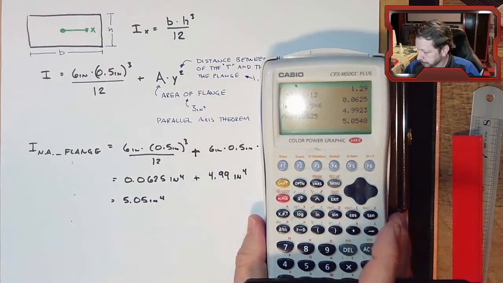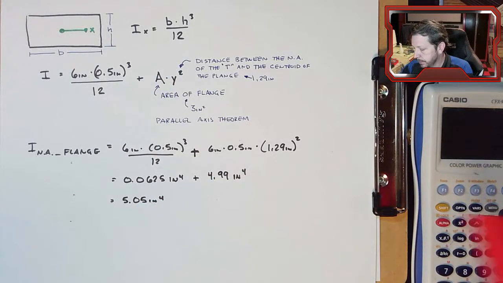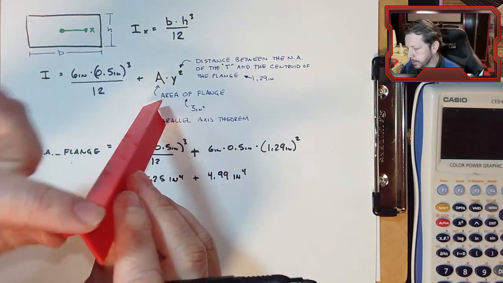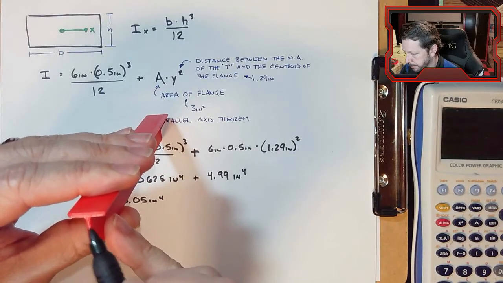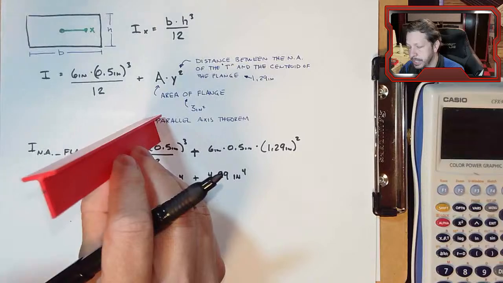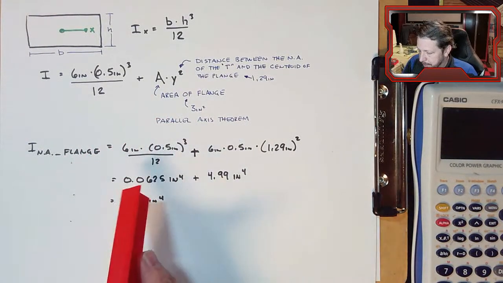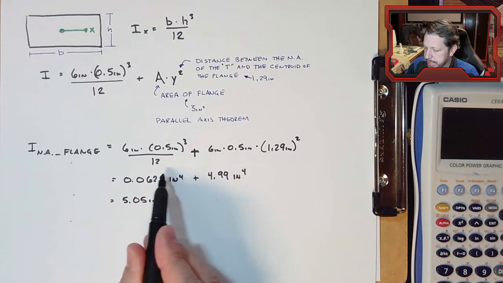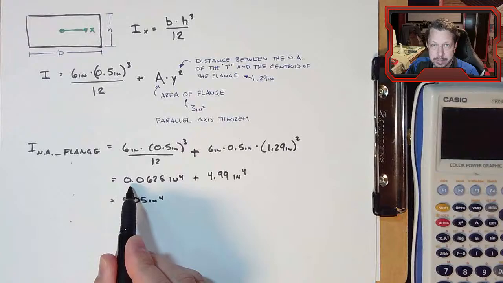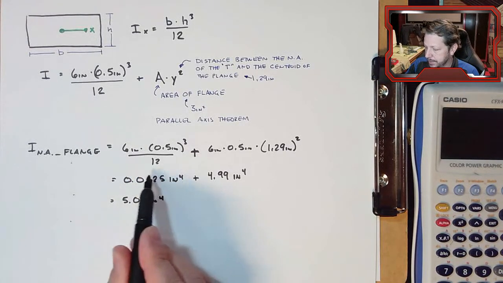This term is the moment of inertia of just the flange for our T-beam, so just the top part, about the neutral axis of the entire T shape. By itself, the flange doesn't do a whole lot. If we just had the flange flexing about its own axis, it doesn't have a lot of resistance.